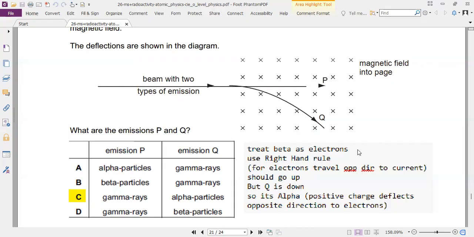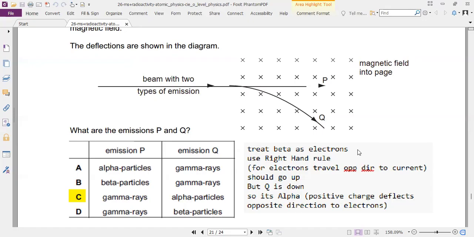And we had our three fingers, thrust, field, current. In this, we use the left hand rule for the motor. Because current and electrons travel in opposite directions, we can use the right hand rule.